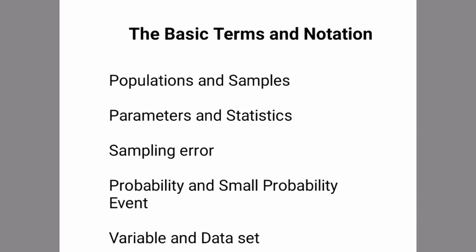The following definitions are intended to give us a general understanding, including population and sample, parameter and statistics, sampling error, probability and small probability event, and variable and data set. You must grasp and understand those concepts exactly.